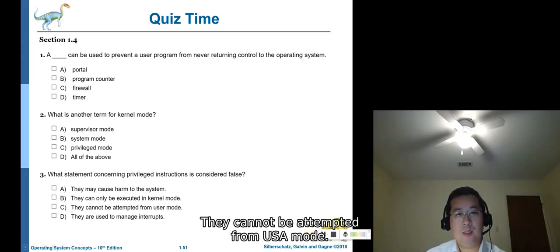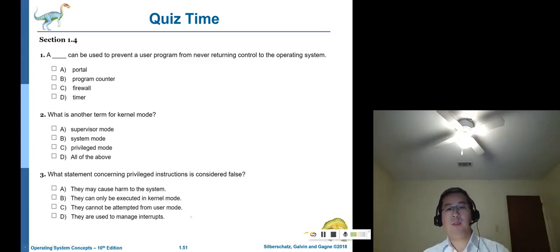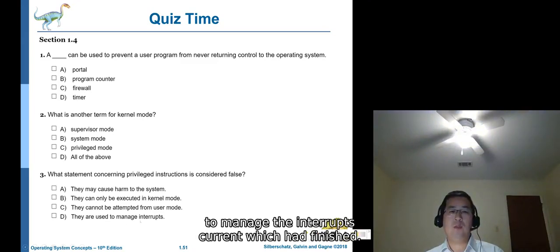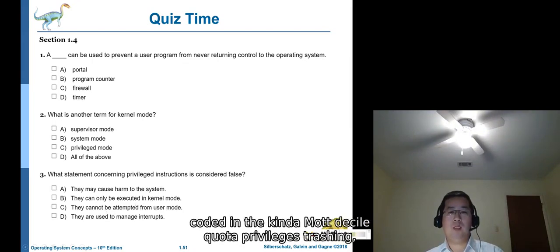They cannot be attempted from user mode. They are used to manage interrupts. We mentioned that we can use privileged instructions to manage interrupts. And we also know they can only be executed in kernel mode.